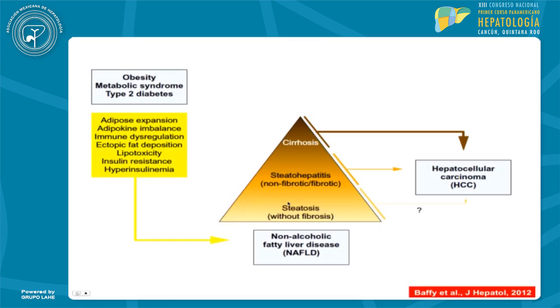So in the final 10 minutes remaining, I will start from some observations that we have made in hepatocellular carcinoma, going back to what is going on in the NAFLD area.